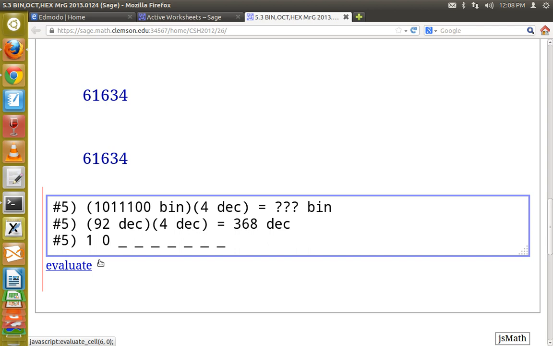Do you need a 64? Yes. How many 64s go into 112? 1. Remainder? What's 112 minus 64? 48.